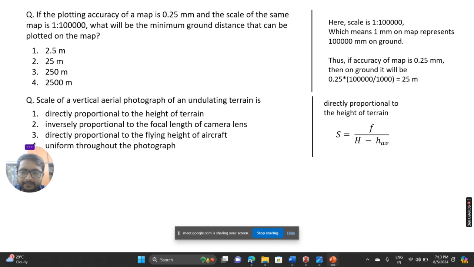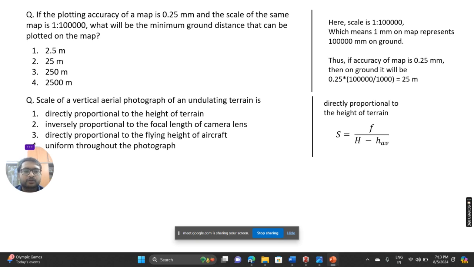I will repeat one more time. The scale of a vertical aerial photograph of an undulating terrain: as you've seen in the image, the formula is scale equal to the focal length of the camera divided by capital H, the flying height of the aircraft, minus the average height of the terrain.